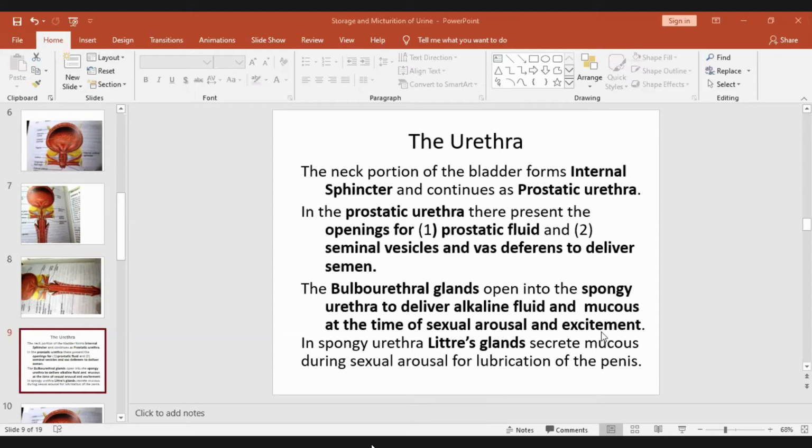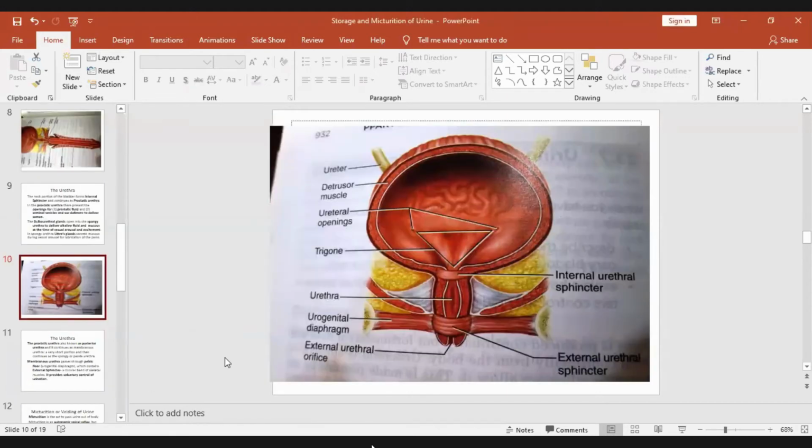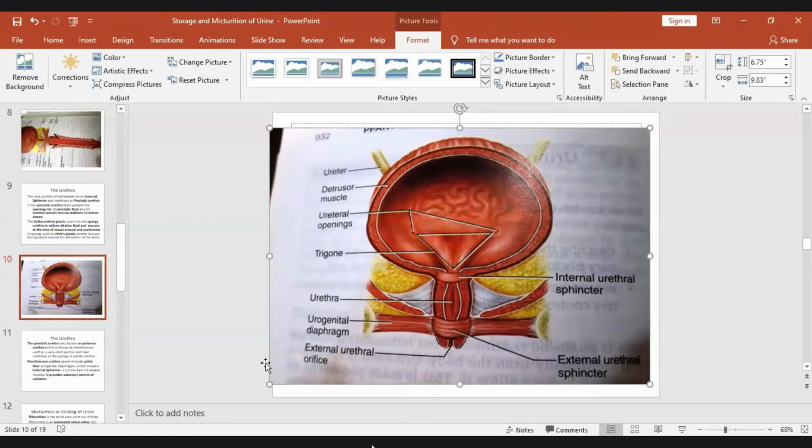That is it. Now here again, we are talking about this, the trigone, internal sphincter. This is the membranous urethra. In case of female, there is no prostate here, and this is the external urethral sphincter, which is under voluntary control, supplied by the pudendal nerve.